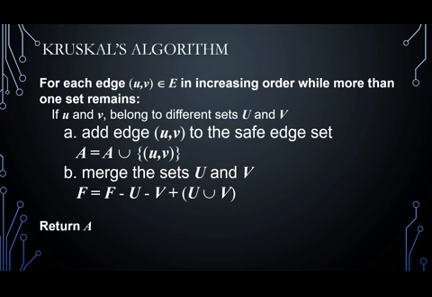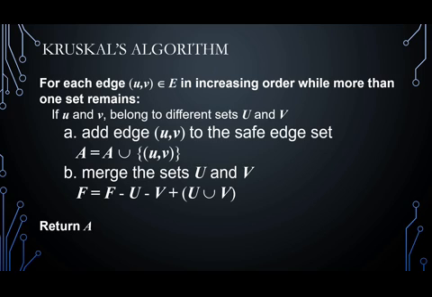Let me say I considered the edge 1 to 2. 1 was in a separate set, 2 was in a separate set. So it was a safe edge. I added them into my tree. Now they are joined. They are part of the same tree. Therefore, in the forest, I am supposed to merge these two sets. So I will make the set as 1 comma 2.